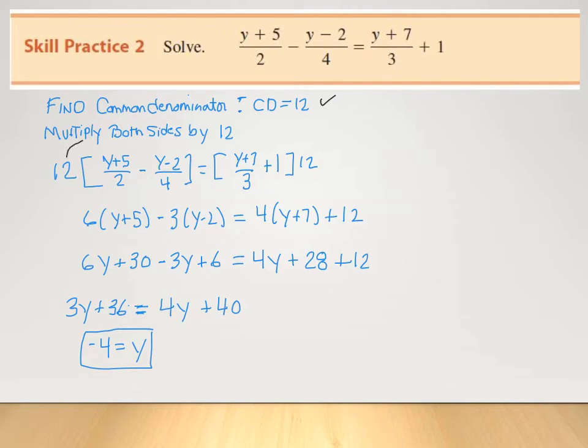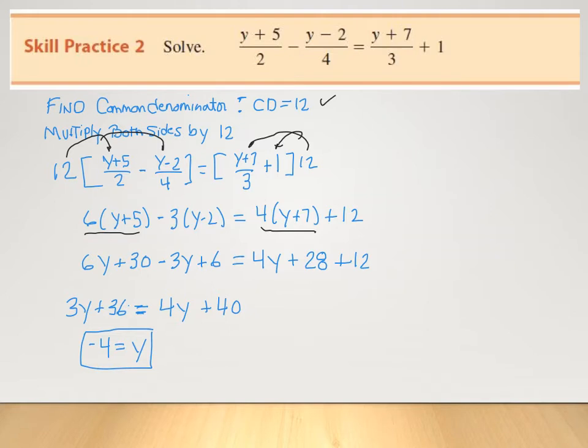Again, you will use the distributive property to multiply through by the expressions. When you do that, you get 6(y + 5) - 3(y - 2) = 4(y + 7) + 12.